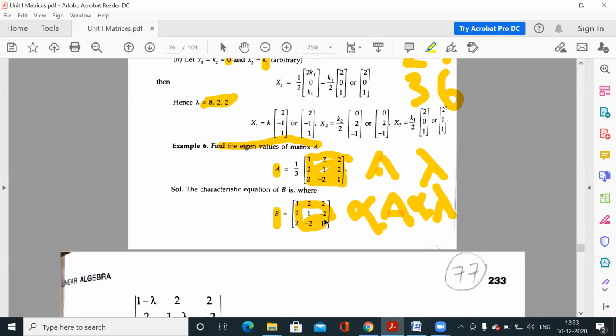So you solve this for B, find the eigenvalues of B, and multiply each by 1 by 3, you will get the eigenvalues of A.